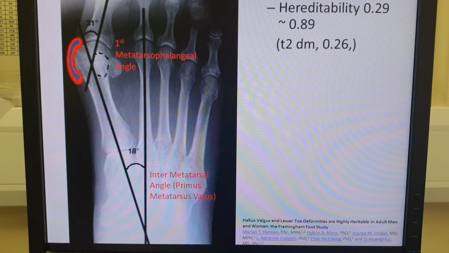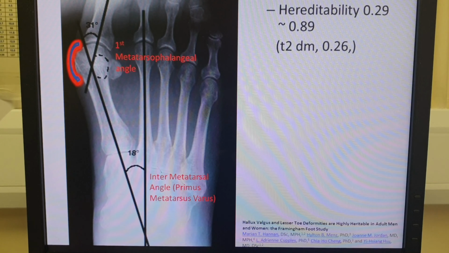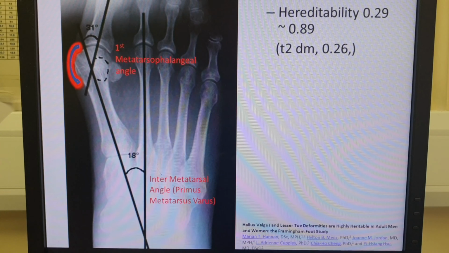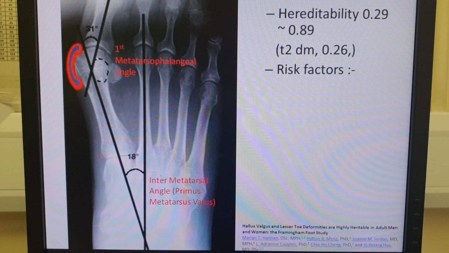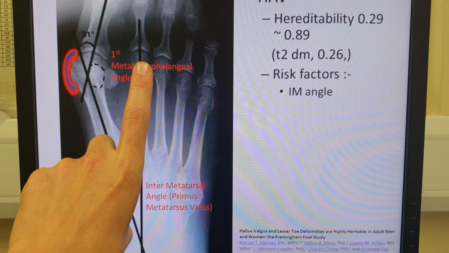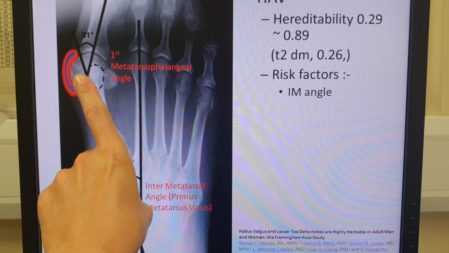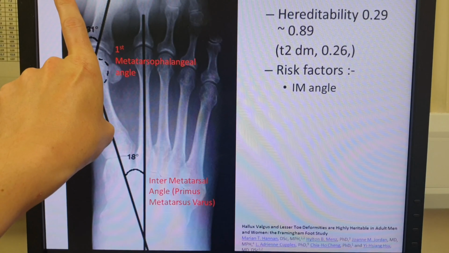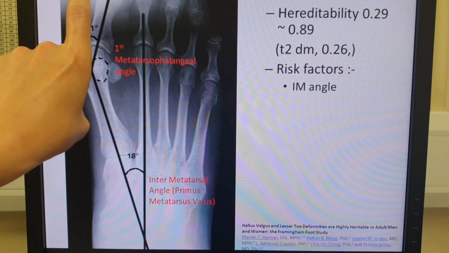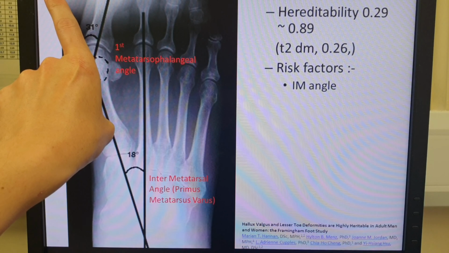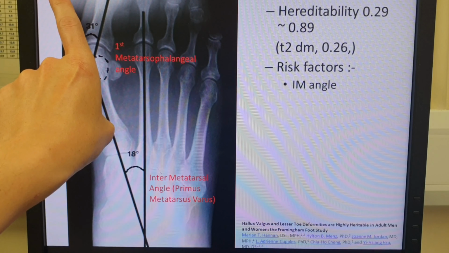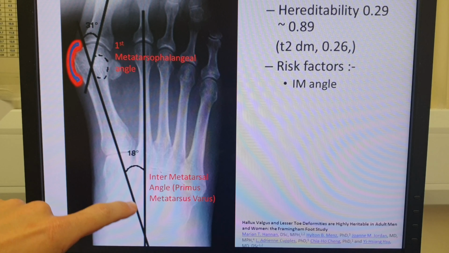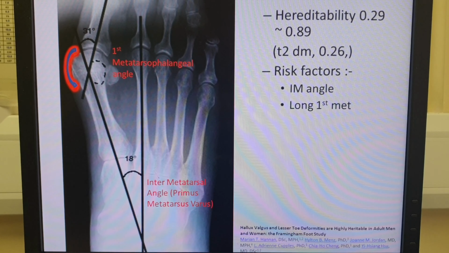There are a few other things that we found caused a big overlap, risk factors. These would be the IM angle. Naturally enough, if that is sticking out to the side, it's almost inevitable that that is going to bend that way. If you're wearing a shoe, otherwise it's just going to sort of stick out the side of your shoe. So there's a very high risk factor for IM angle.